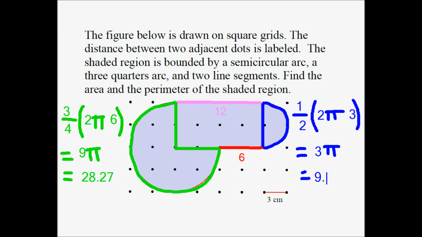Now your final answer should be the sum of 28.27, 12, 6, 9.42. Add all of them up and you're going to get it. 28.27 plus 12 plus 6 plus 9.424.